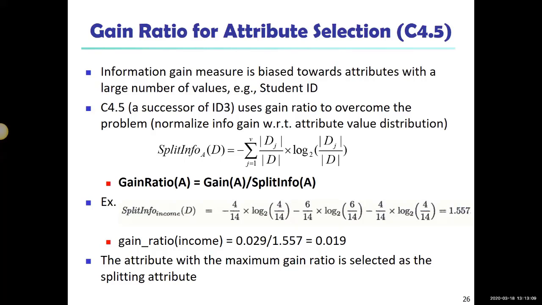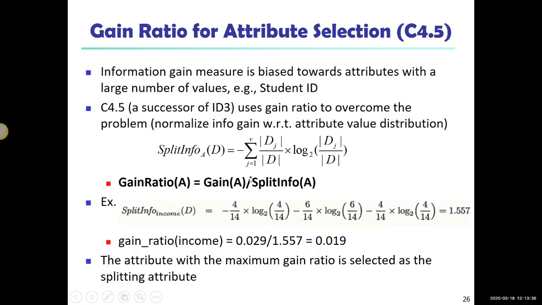To address this issue, we add another correction factor called split info. Split info measures how many groups this attribute is going to result in. The greater the number of groups, the smaller the gain ratio is going to be.